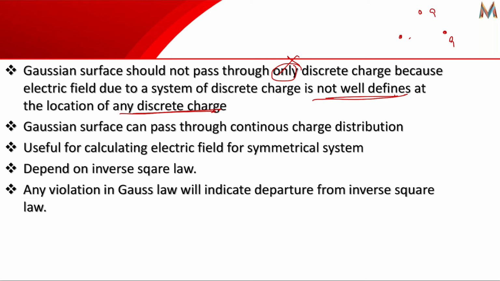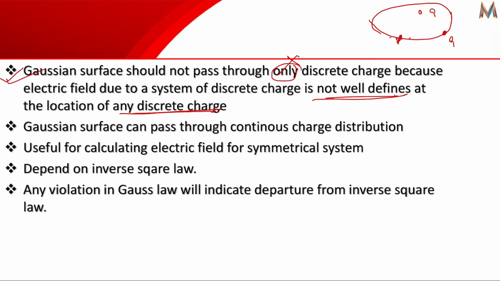So the Gaussian surface should not pass through the discrete charges, because at this point the electric field is not well defined. At the discrete charges the electric field is not well defined. So the Gaussian surface we draw should not pass through the discrete charges. That is the meaning of this point.